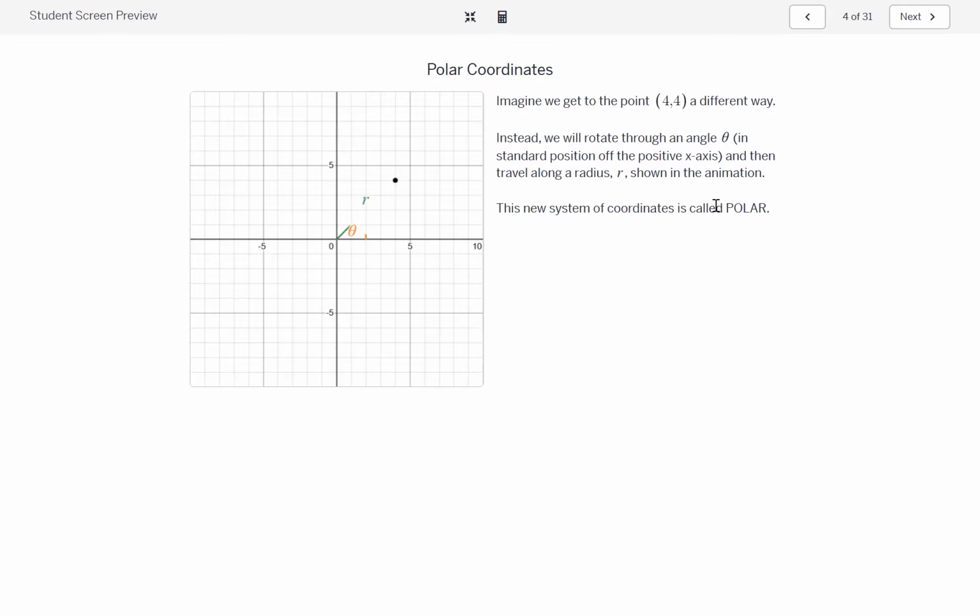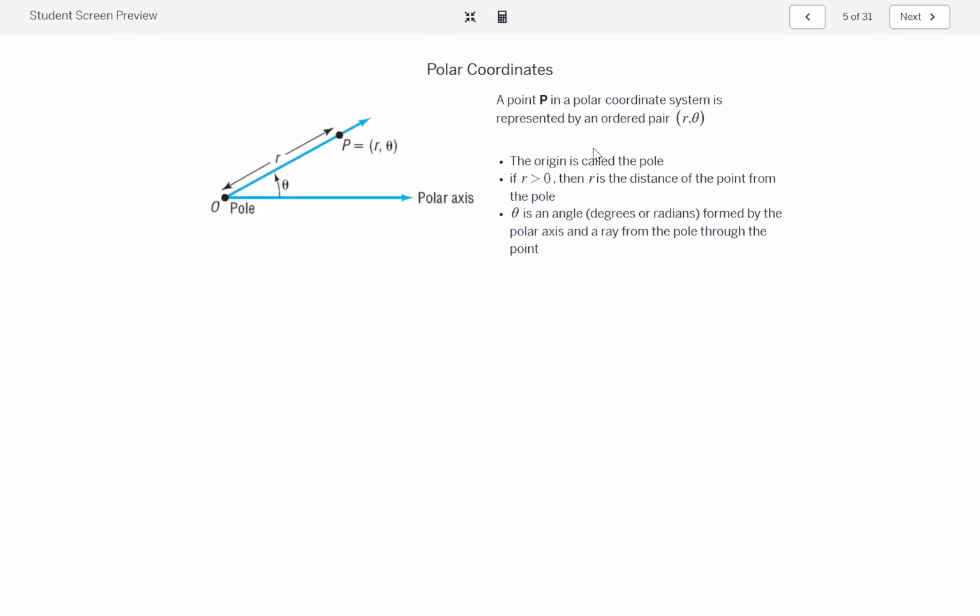So this new system is called polar coordinates. In the system, the origin is called the pole. So that's part of where polar is coming from. And then it says here, if the radius is positive, then r is the distance from the point to the pole.